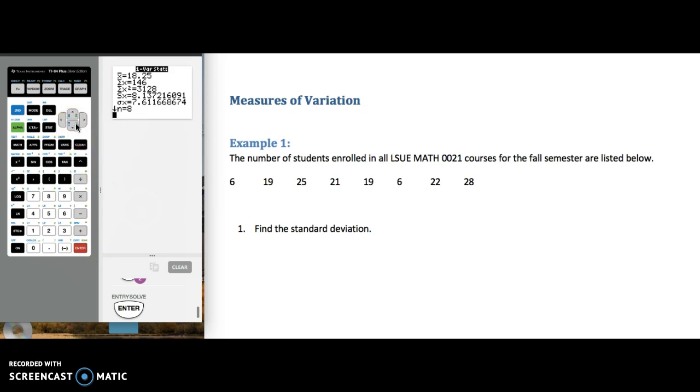From the previous section, we already calculated the mean, and we skipped over a lot of this information. Now we're actually going to be using the s here, which represents standard deviation for a sample, and the sigma here represents the standard deviation for a population.